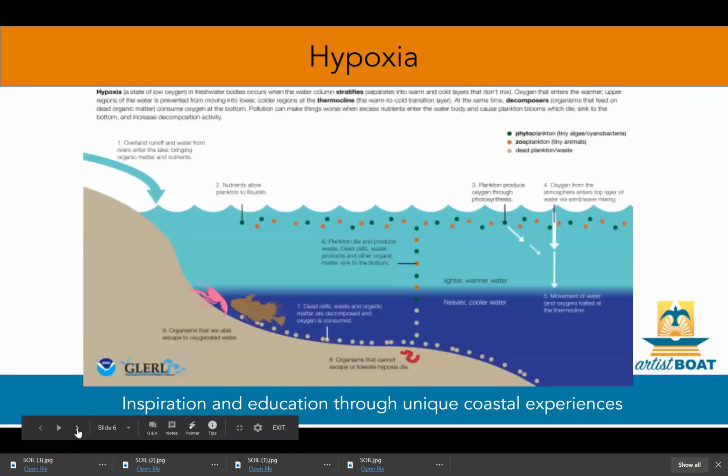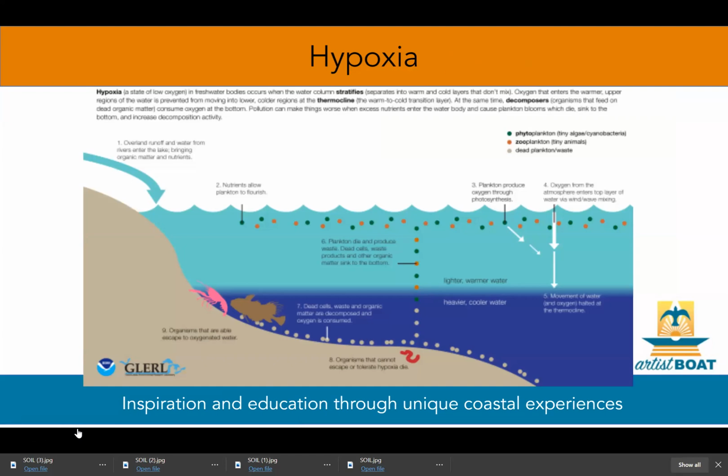Which moves us into hypoxic zones. Hypoxic is when the light isn't able to penetrate the water's surface and oxygen is not able to be absorbed by the organisms beneath. As we know, sunlight is necessary for plants and organisms like phytoplankton and algae, which manufacture their own nutrients from sunlight, water, and carbon dioxide.